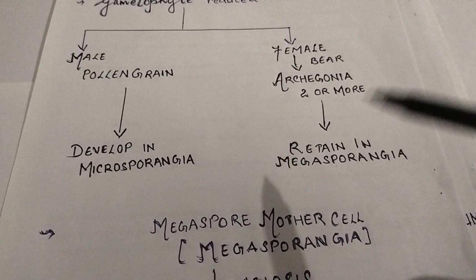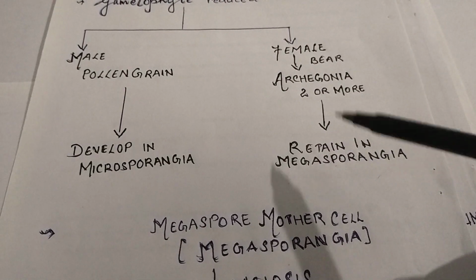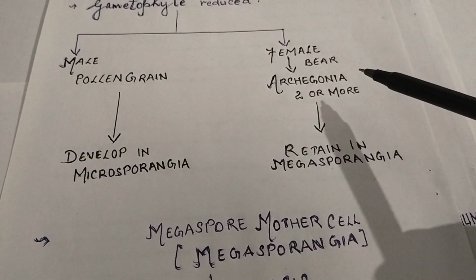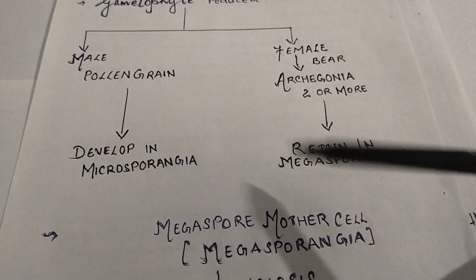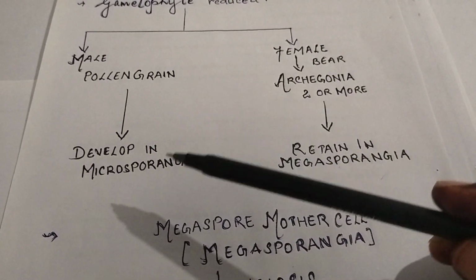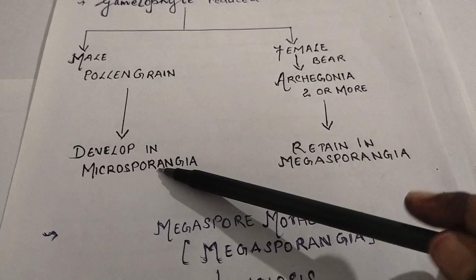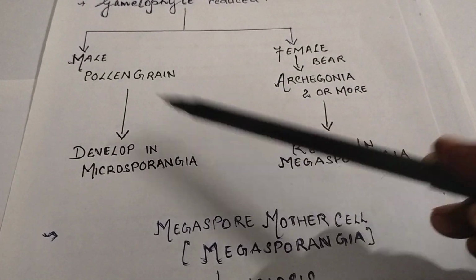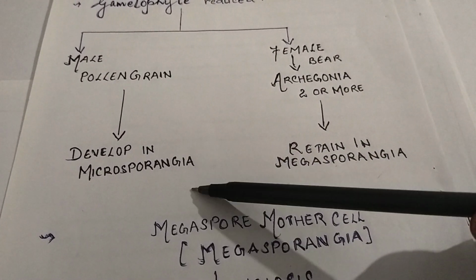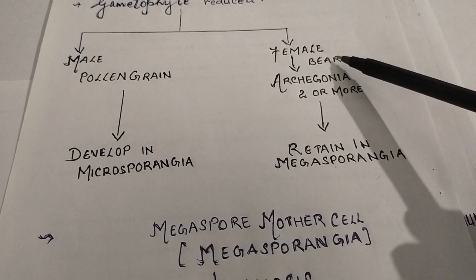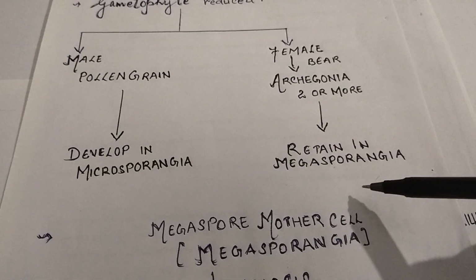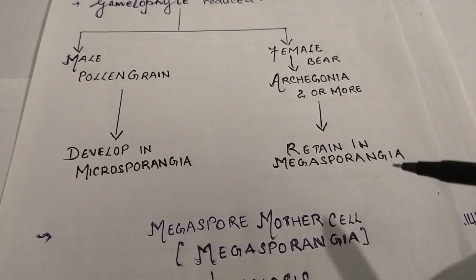They remain within their sporangia, retained on the parent sporophytes. That is what I am trying to make you understand by repeating it: the male gametophyte is reduced, developing in microsporangia. Female gametophyte, though it is multicellular, is also retained in its sporangia, that is megasporangia.